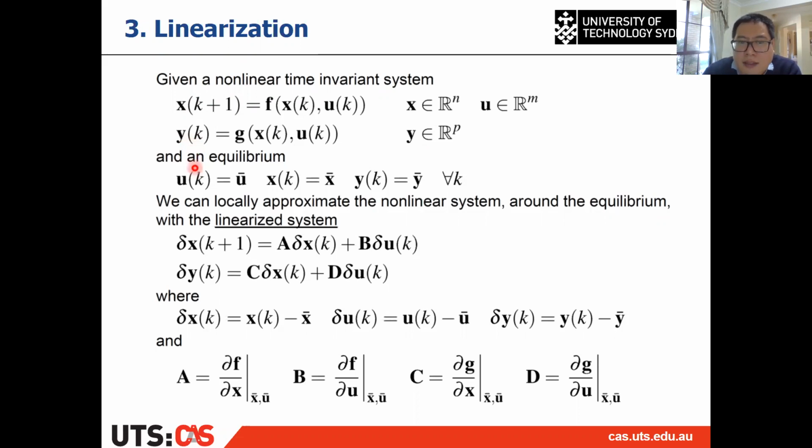Then an equilibrium point means u bar, x bar, and y bar. If we want to do the linearization at that equilibrium point, the linearization is something like this: delta x k plus 1 is equal to A delta x plus B delta u, and delta y is equal to C delta x plus D delta u.